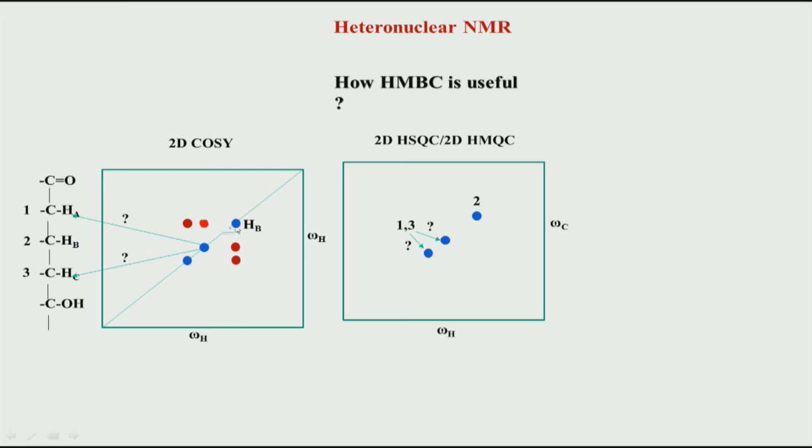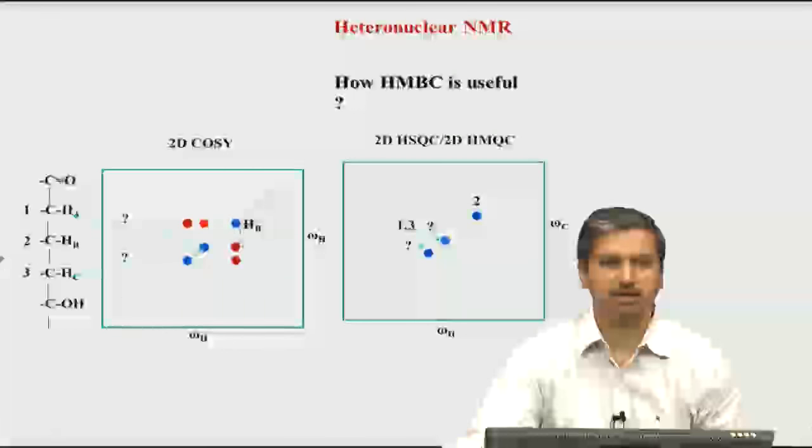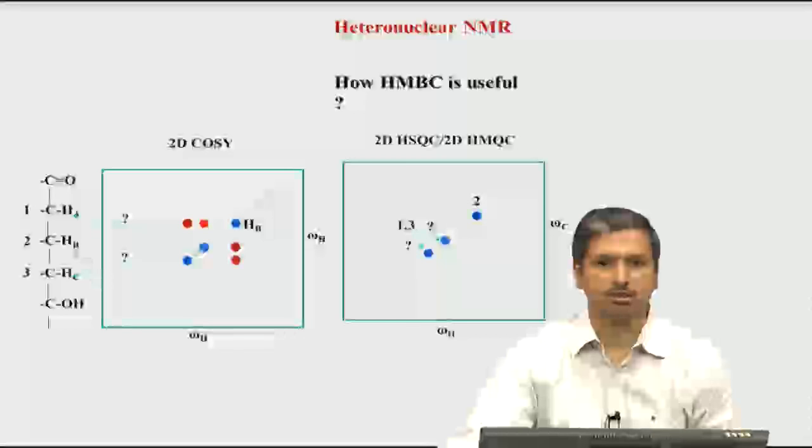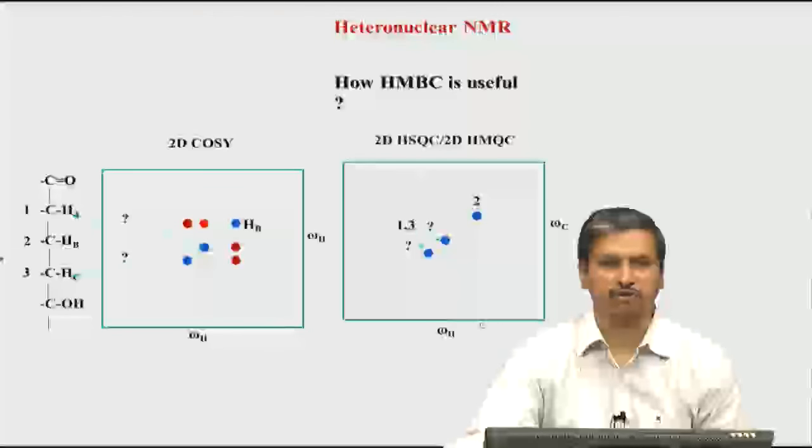Okay. Now, knowing the chemical shift of the hydrogen, which is on this vertical line which I am drawing with this arrow, I can use the same value on this vertical line, and therefore I can say that this correlation in HSQC belongs to carbon number 2, because proton number 2, that is this proton Hb, has this chemical shift value, which is what I have also seen in this spectrum.